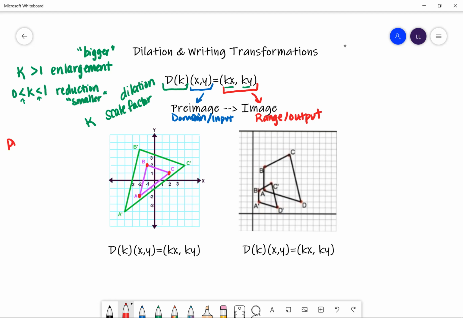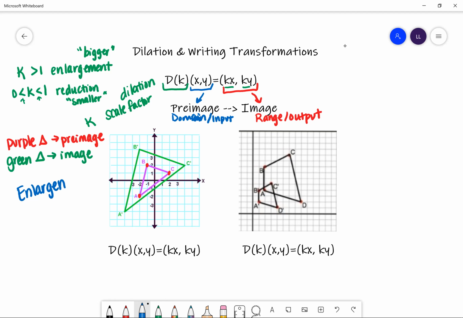So the purple triangle here is the pre-image, because it doesn't have the primes. But the green triangle is the image because it does have the prime. That means it's the end. This is where we started, and this is where we ended. If I started small and ended big, then that's an enlargement. So this picture was an enlargement.